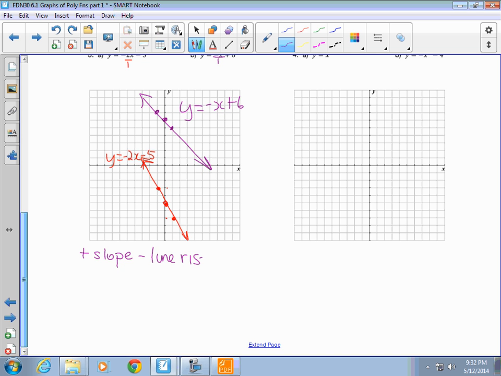So like example 2. If it's a negative slope, your line will fall. So like example 3.